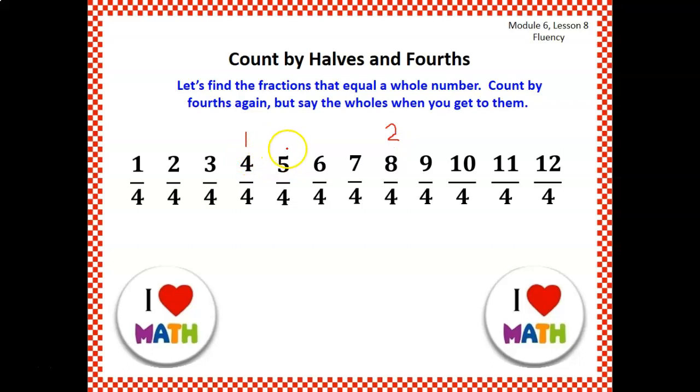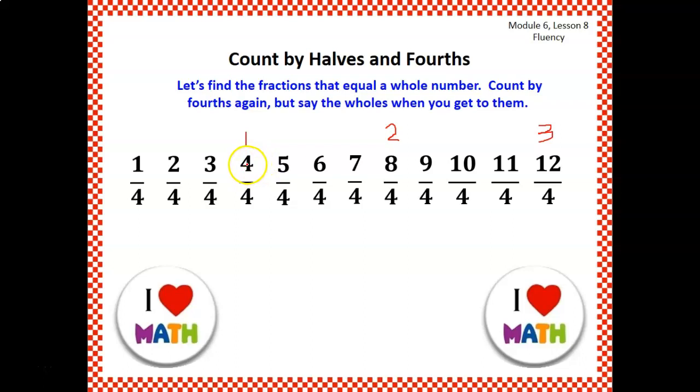That's 1, 2, 3, 4. So again, we're going to go 1, 2, 3. Oh, there it is, 3 fourths. And look, 3 times 4 is 12. 2 times 4 is 8. 1 times 4 is 4.